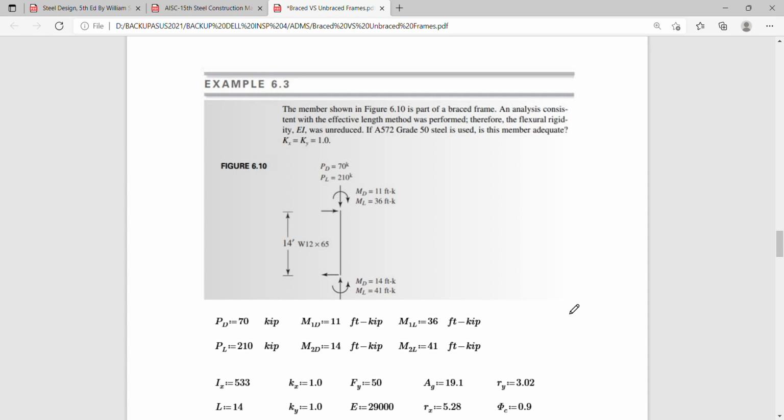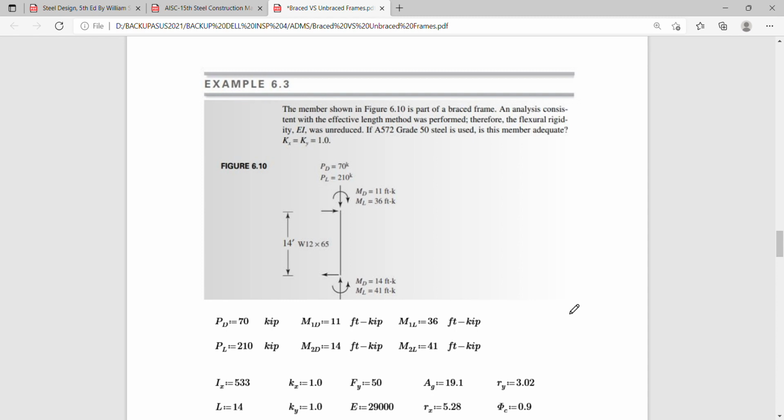Hello guys, let's now solve this example problem in application for the brace frame analysis we have discussed on the previous video. So in this particular problem, the analysis result for the load combination, dead and live load, were given.